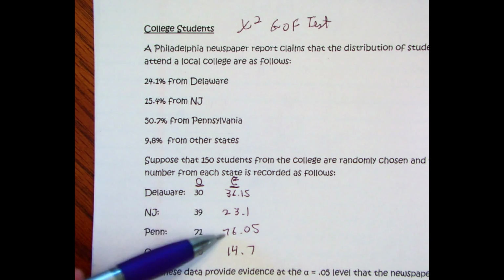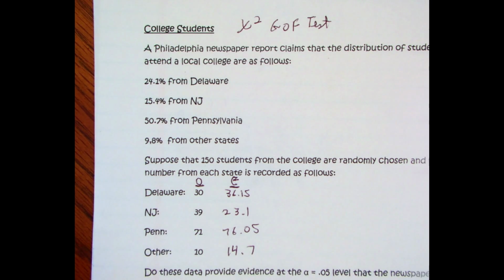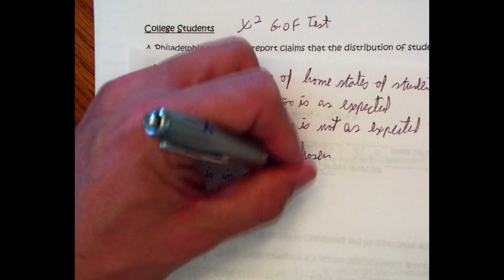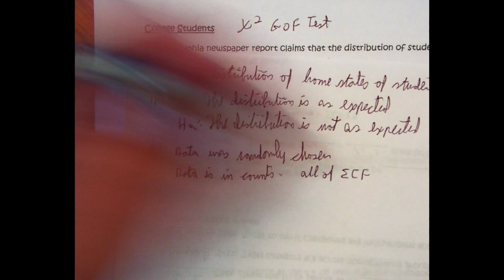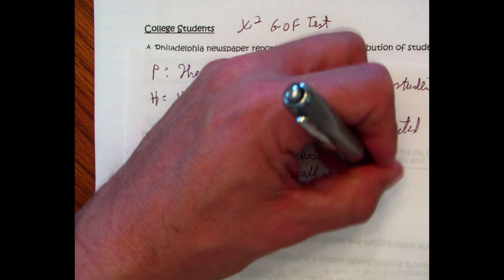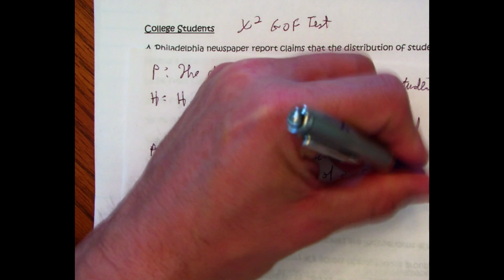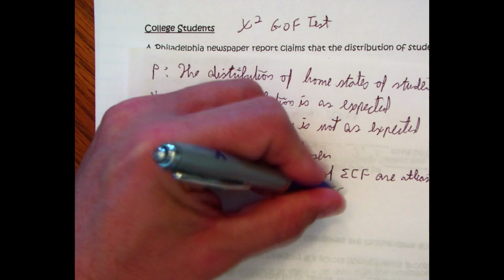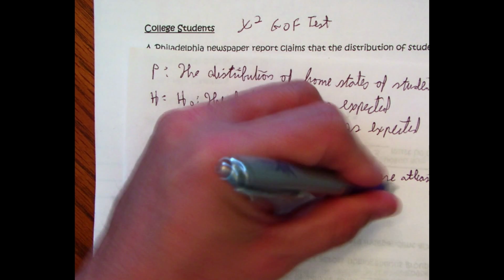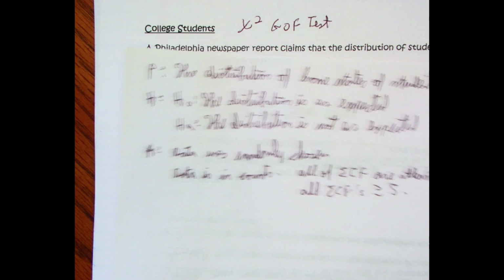So here are all of our expected values. So we're going to put that all ECFs, or expected values, are at least 5. Or you could just put all ECFs are greater than or equal to 5. Either one is fine.